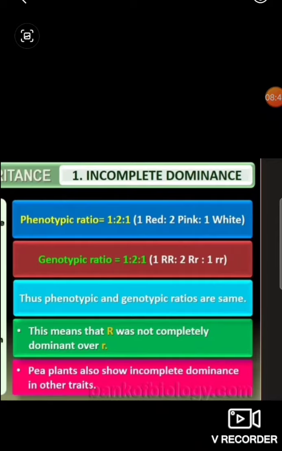Okay, so this is the genotypic ratio, and even in the phenotypic ratio you can observe 1 is red, 2 are pink and 1 is white. So only in this condition you observe this kind of ratio, phenotypic and genotypic. This kind of result you observe, that is why we call it incomplete dominance, because the dominant gene is not completely dominant over the recessive gene.